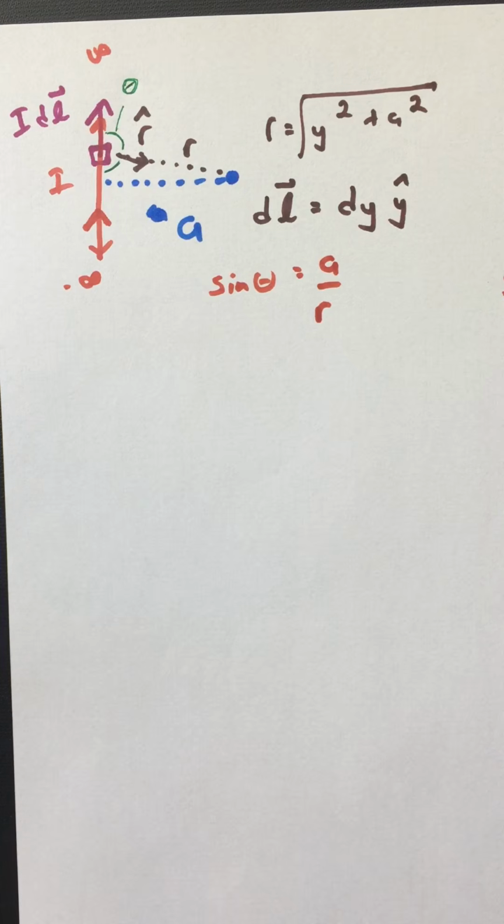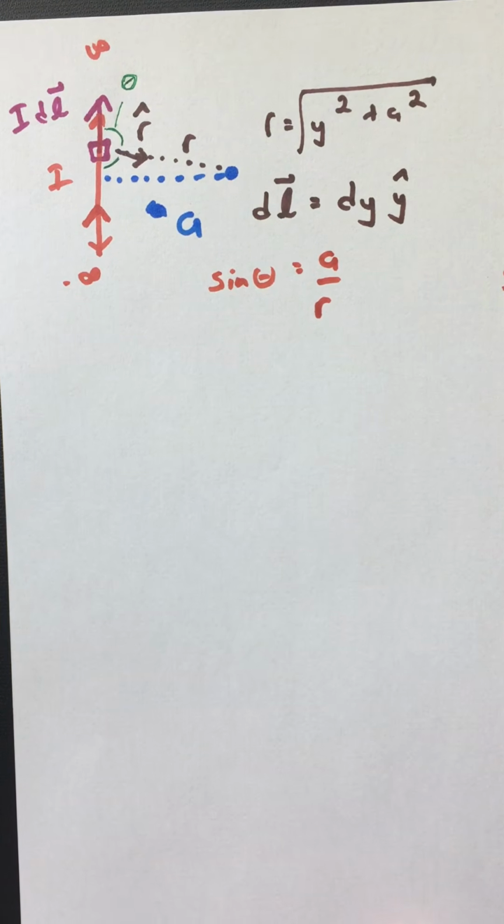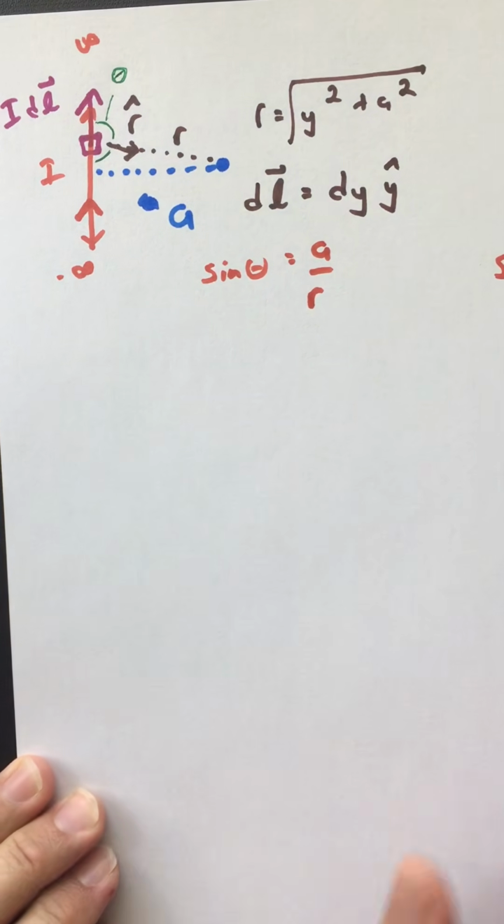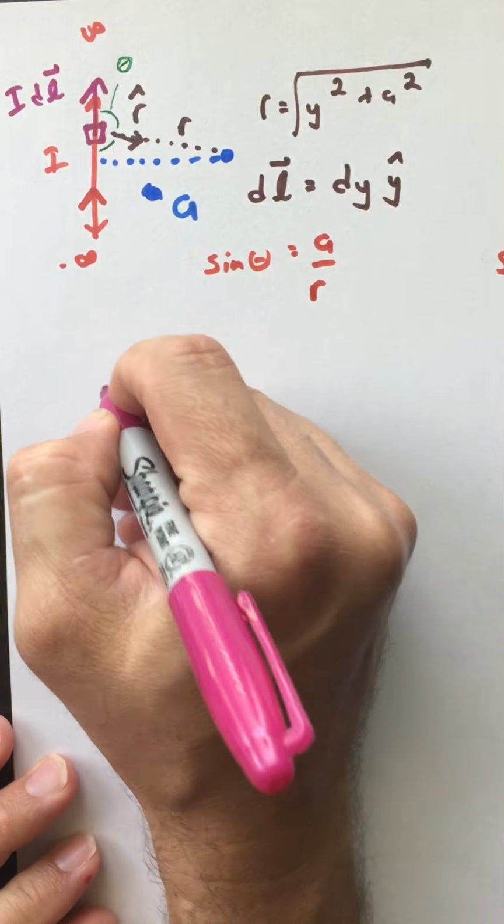All right, what am I going to do with all this? Well, I'm going to attempt to determine the magnetic field of this wire using the Biot-Savart Law. So let me write down the Biot-Savart Law.